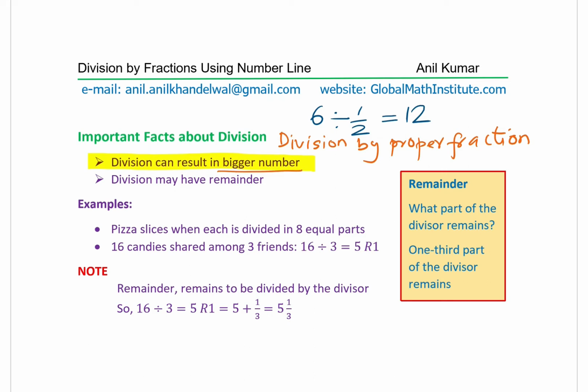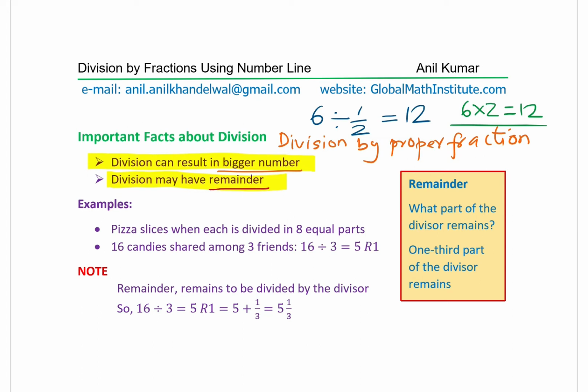So when you divide 6 by half, means it is same as writing 6 times 2, which is 12. Correct? So you can get a higher number when you divide by a fraction. Another thing which we saw is division may have a remainder. It is not necessary that when you divide always it evens out. You may be left with a remainder. Now we'll see how to treat the remainder.